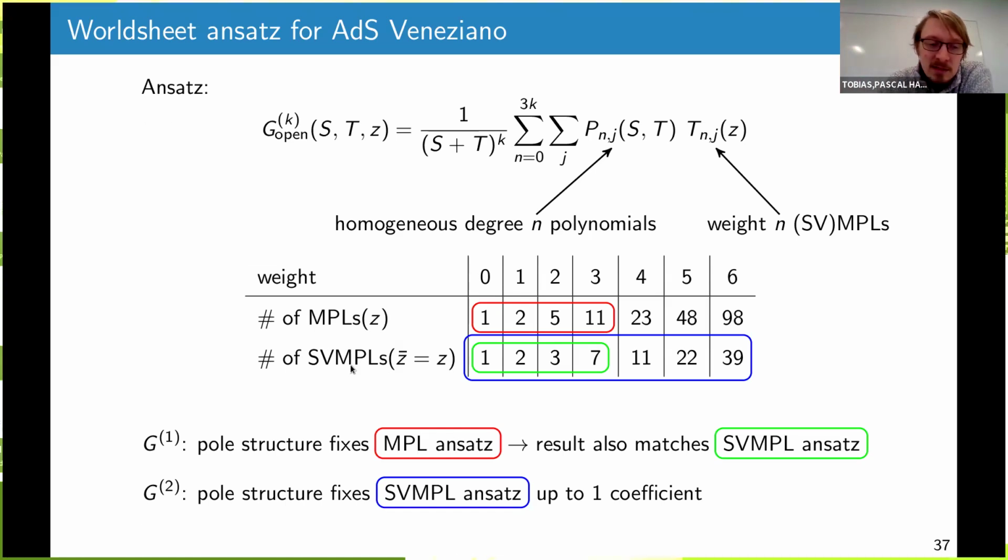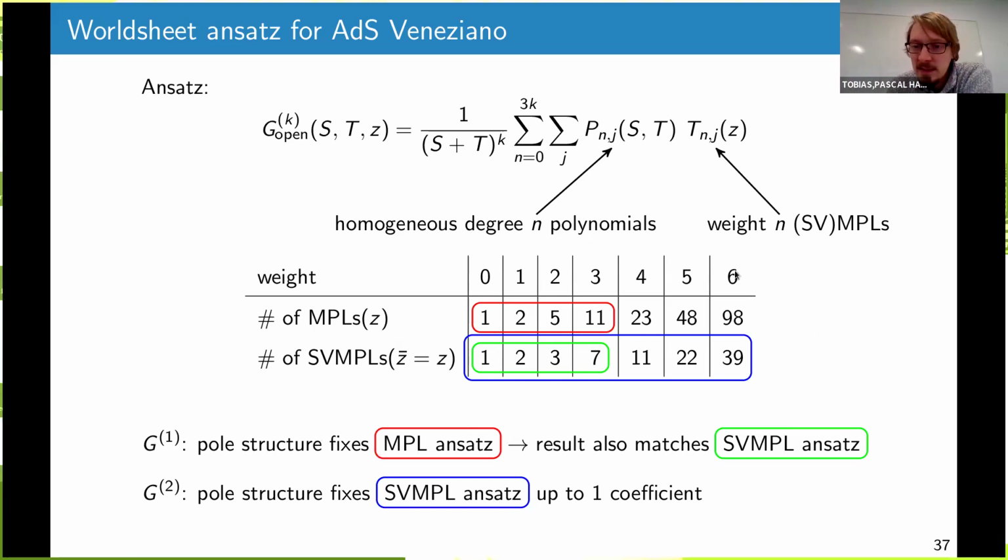If we're not sure whether we should have a single-valued ansatz, we could just make a more general, not single-valued ansatz. Even this is enough to fix the answer if you compare with the pole structure from the OPE. But it turns out it's automatically single-valued. So we first took this bigger ansatz, which is not single-valued, and it's completely fixed, but it's already fixed to be single-valued.